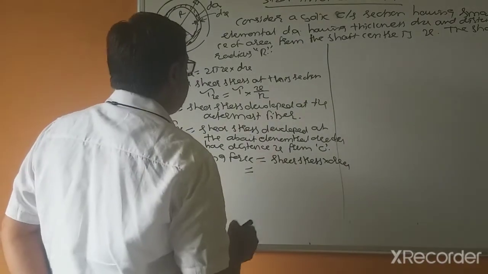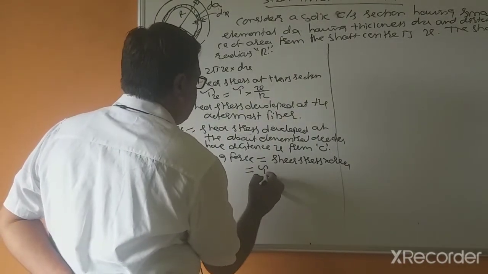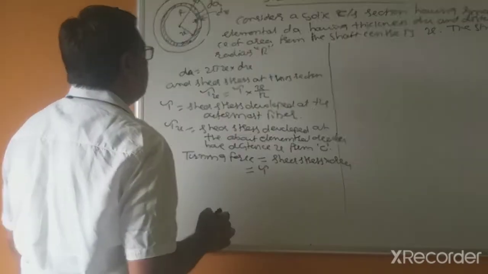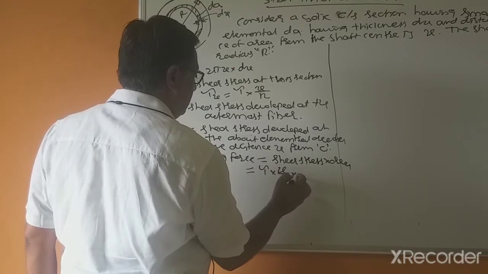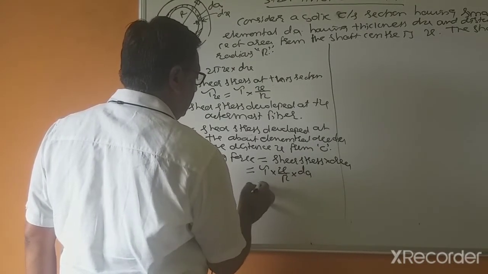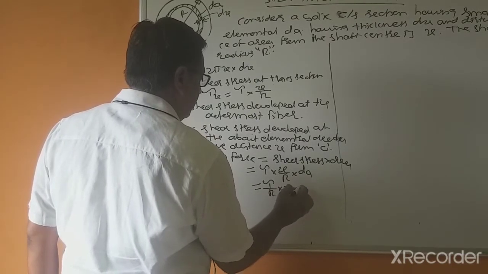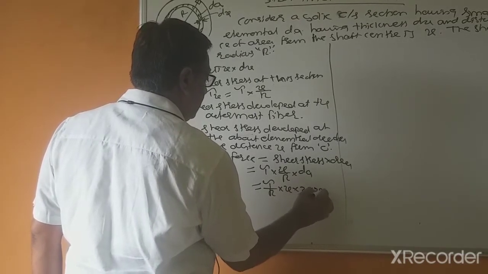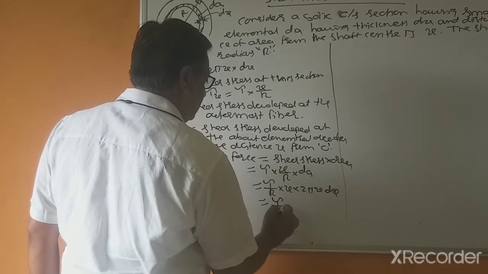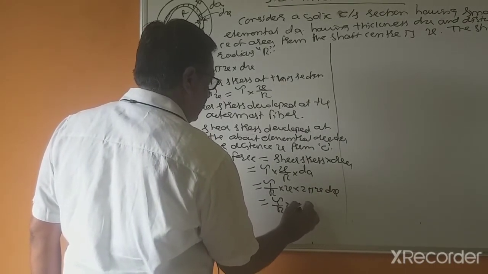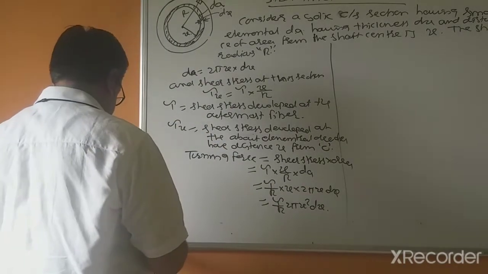So shear stress tau x, or tau divided by R into x, multiplied by dA, which is 2 pi x into dx, gives 2 pi tau divided by R into x square into dx.